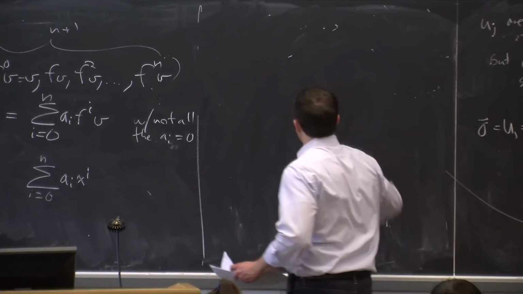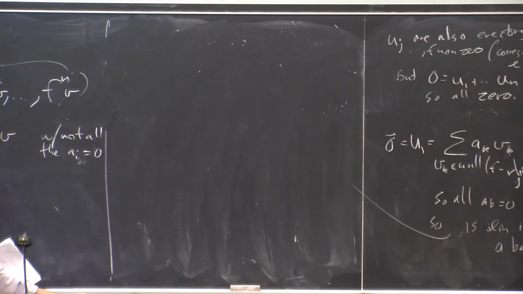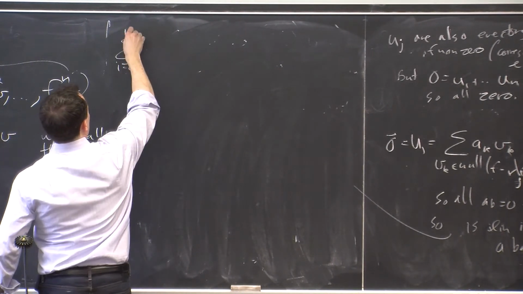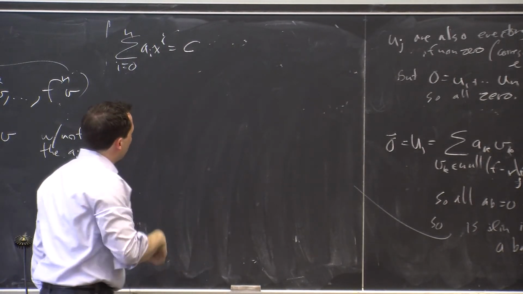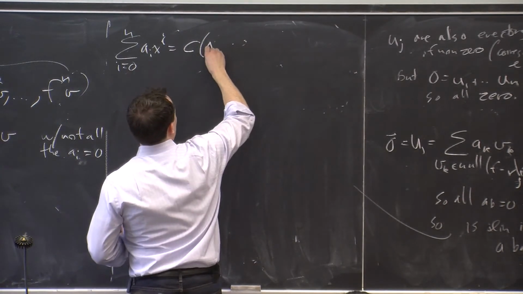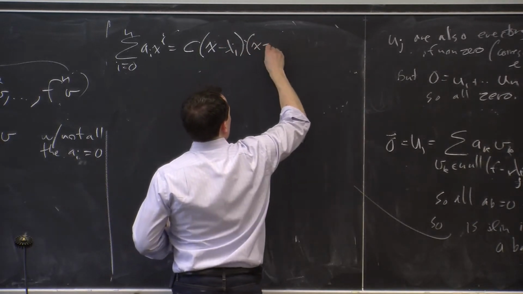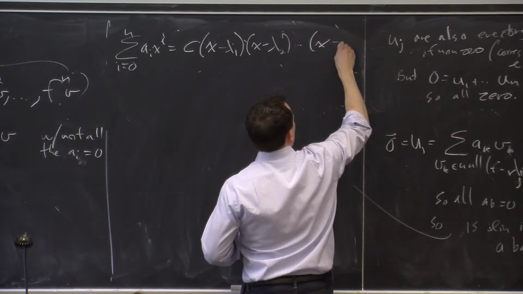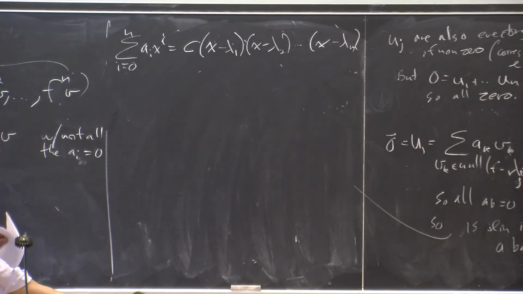Now we apply the real field version of the fundamental theorem of algebra, which says that this polynomial factors as some constant, which is not 0 unless it's the 0 polynomial, times a bunch of linear factors, which have suggestive names for their constants. Those linear factors are going to correspond to the eigenvalues, those lambdas.